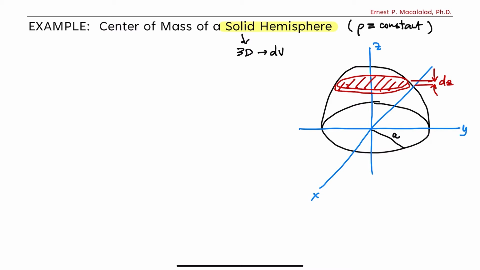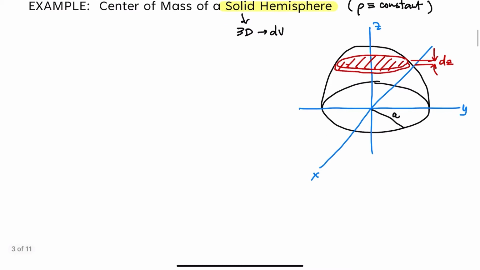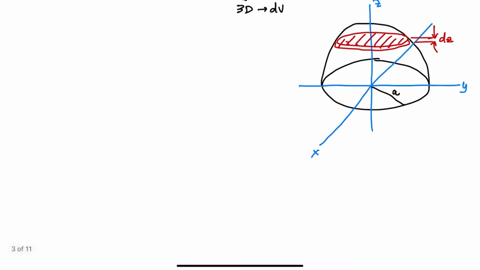So let's say that the horizontal axis will represent our x and y components, and the vertical component will be the z axis. Okay, so let me just erase this part.